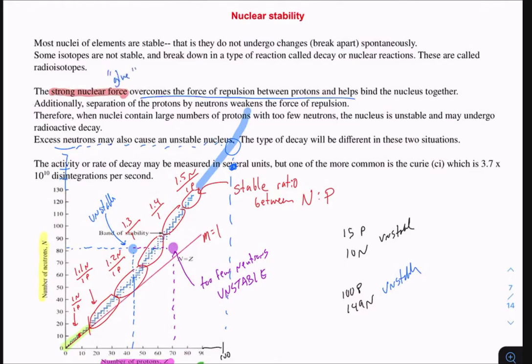It's a glue that keeps neutrons bound to protons, and that also helps stabilize the nucleus.